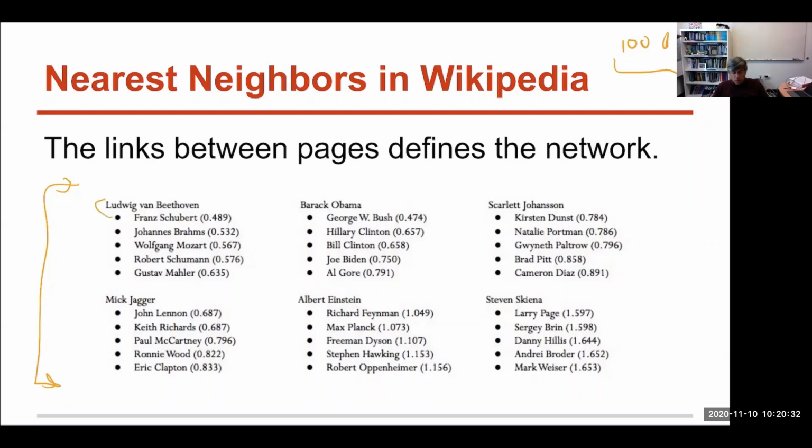Who is most similar to Beethoven? Other classical composers. What are the nearest points to Mick Jagger? He was a Rolling Stone, a music singer, for those of you who I may be dating myself. He's connected to other Rolling Stones and Beatles. President Obama was linked to other presidents nearby.